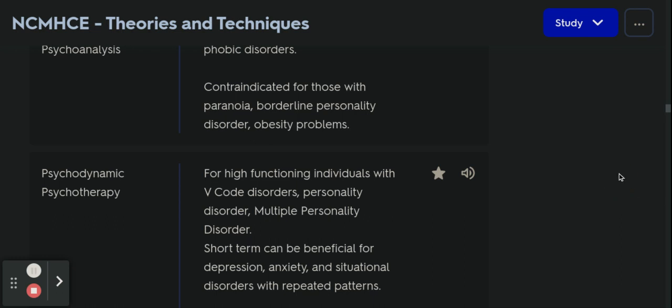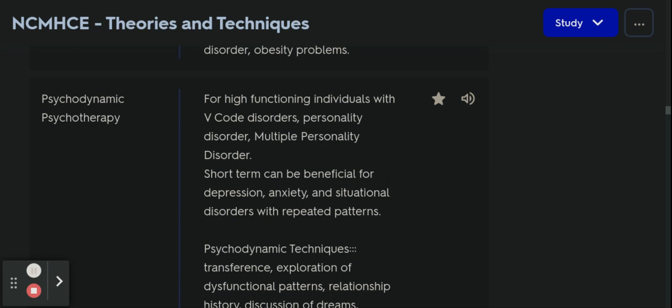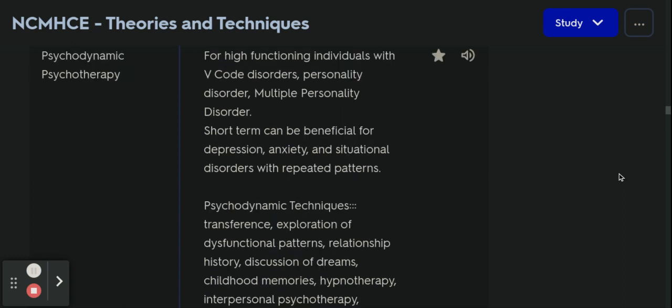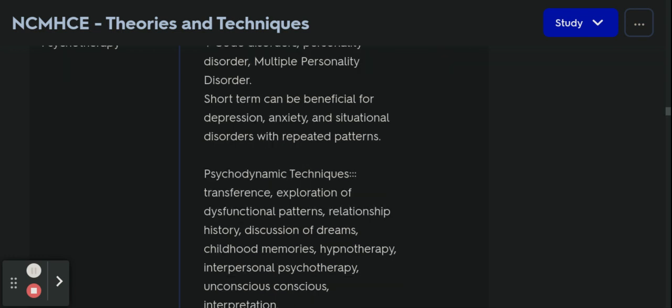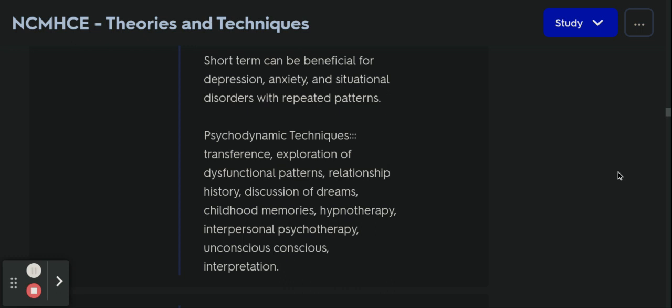Short term can be beneficial for depression, anxiety, and situational disorders with repeated patterns. Psychodynamic techniques: transference, exploration of dysfunctional patterns, relationship history, discussion of dreams, childhood memories, hypnotherapy, interpersonal psychotherapy, unconscious, conscious interpretation.